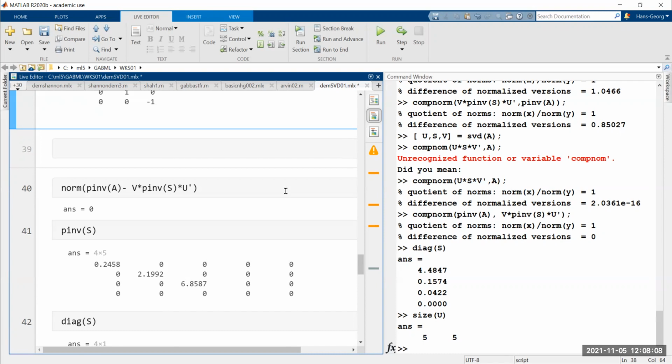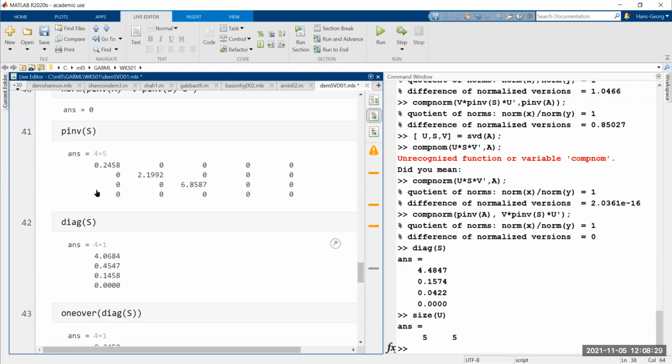So the simple, self-circular explanation is that you would say, well, you get the pseudo-inverse of A by inverting each of the matrices. You change the order, and the inverse of the S matrix is this one here.